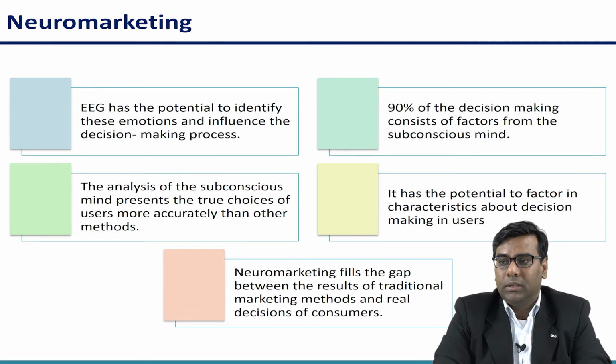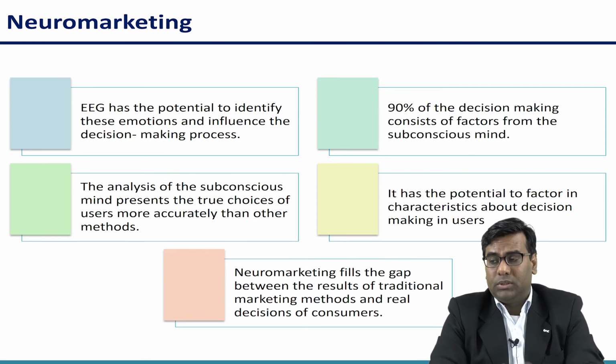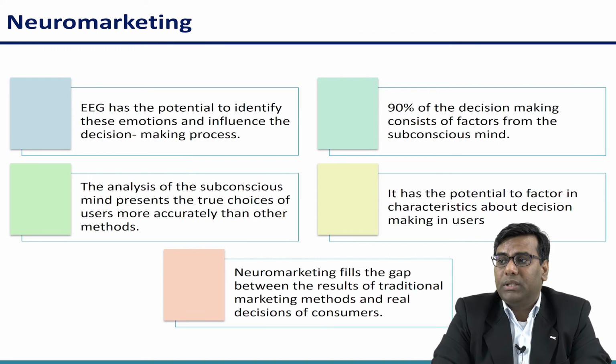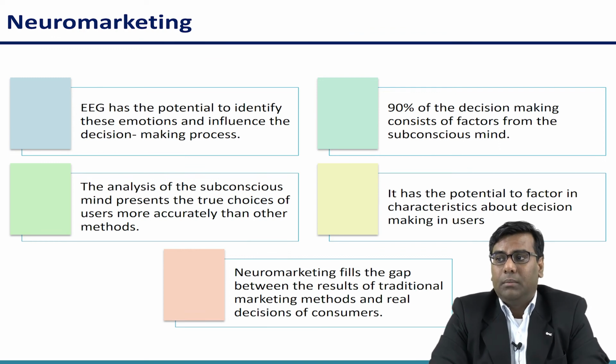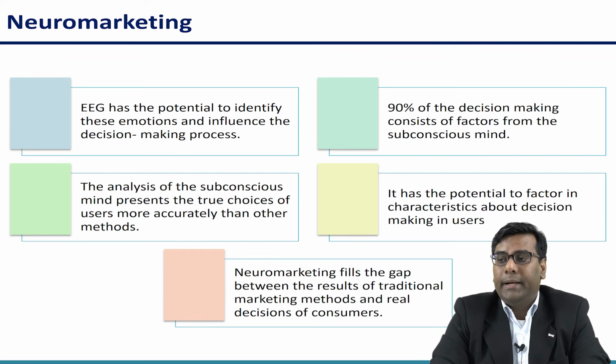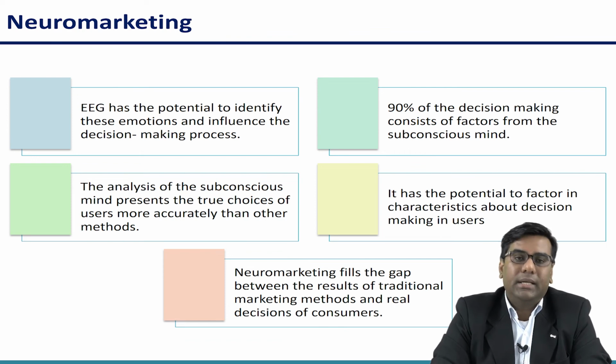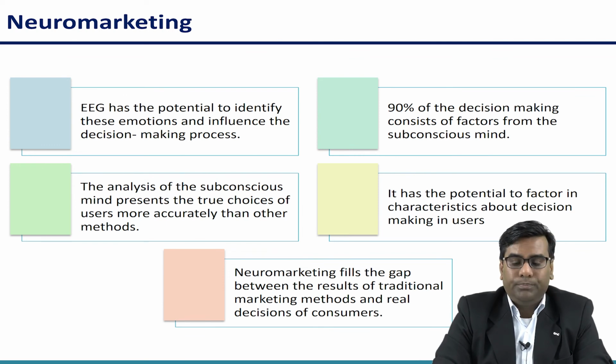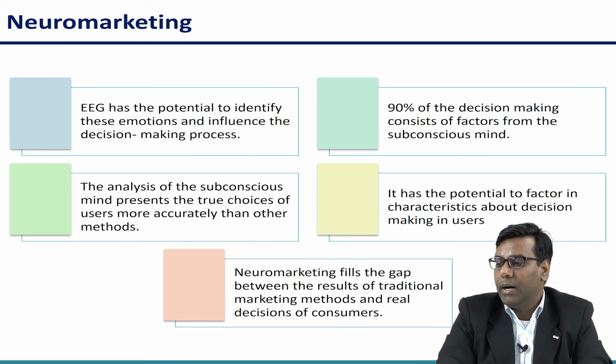So it has the potential to factor in the characteristics of decision making by the users, and neuromarketing fills the gap between the results of traditional marketing methods and the real decisions of the consumers. So this is all about what neuromarketing is.